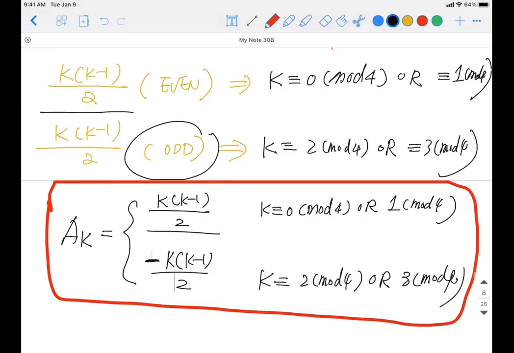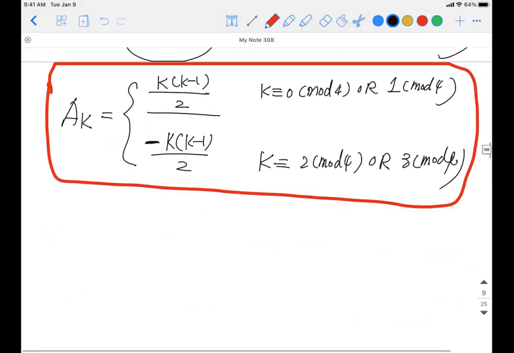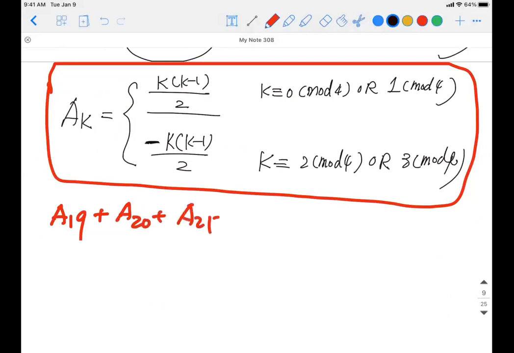Okay, if that's the case, I think you will be able to just write out all the values for AK. You're talking about AK equals 19, k equals 20, 21, and so on and so forth, right? Just write them out. This won't be too complicated. You're going to find out 19 plus 20.